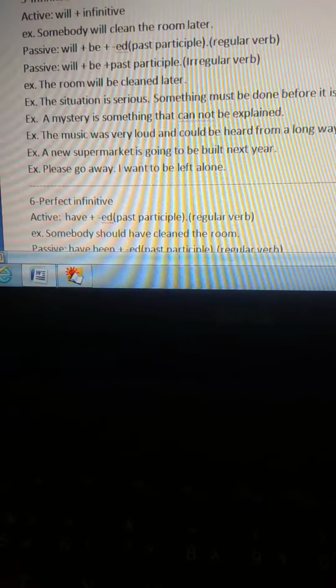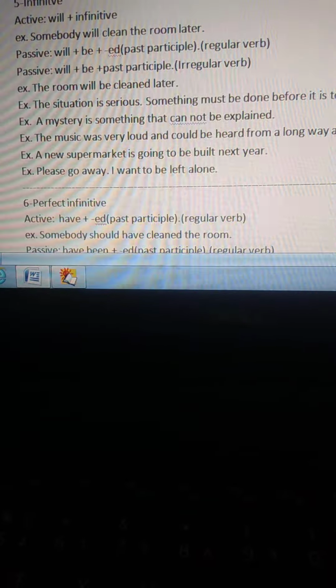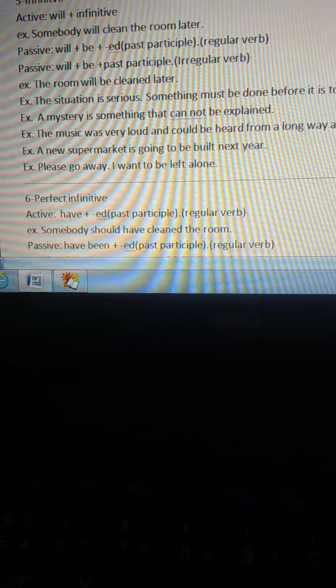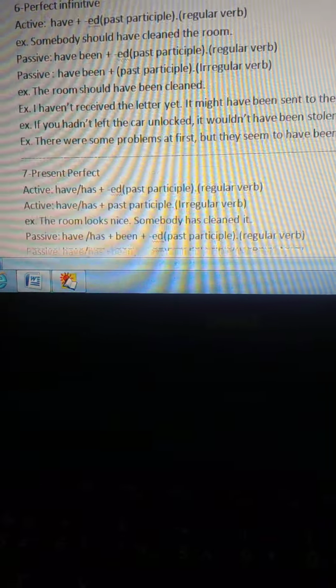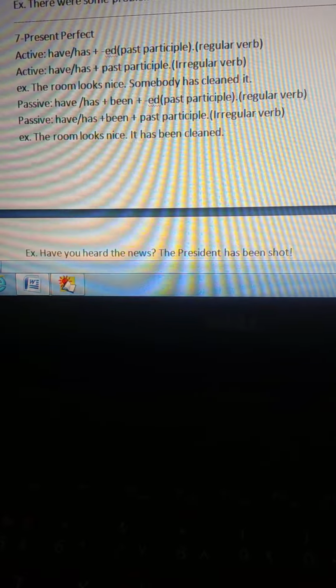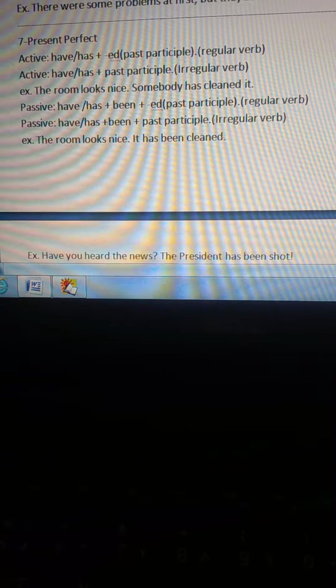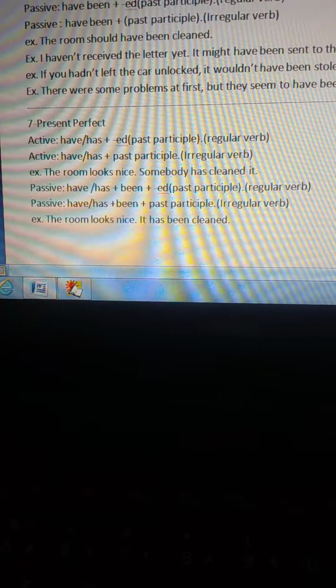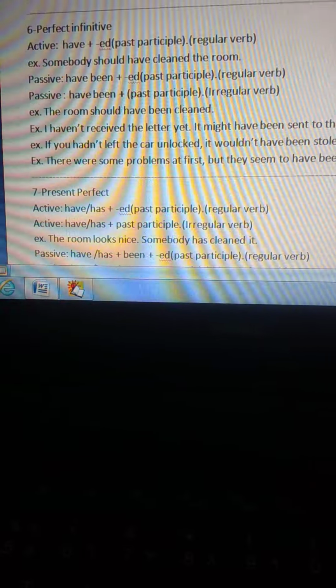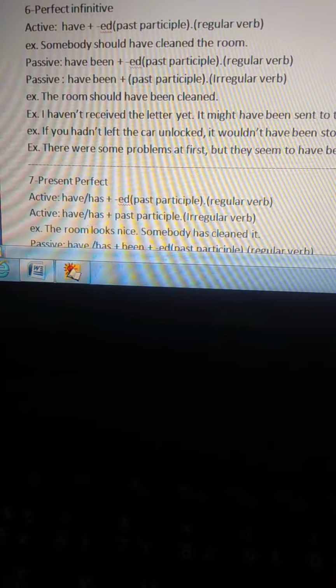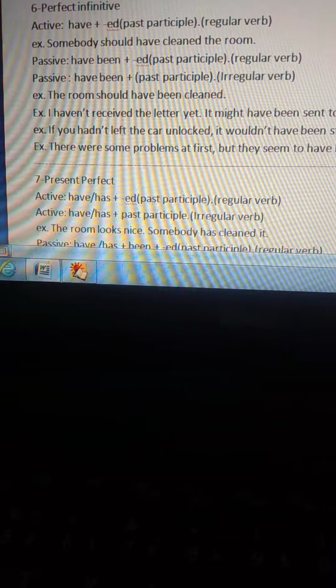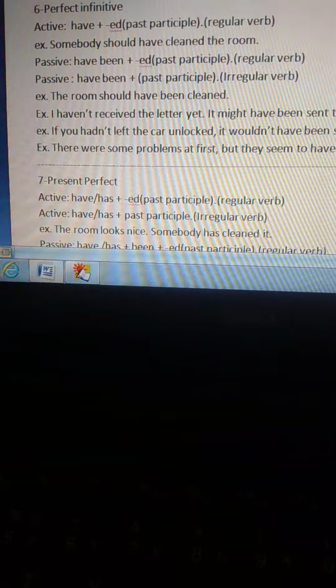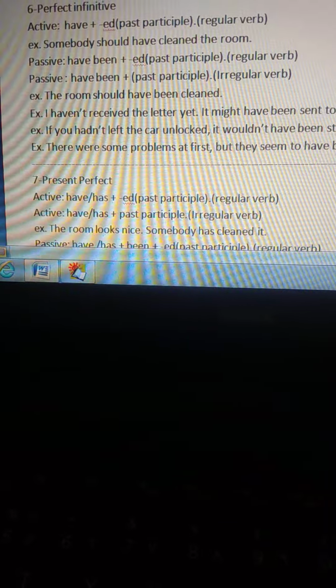Number 6, perfect infinitive. Active: have plus past participle.